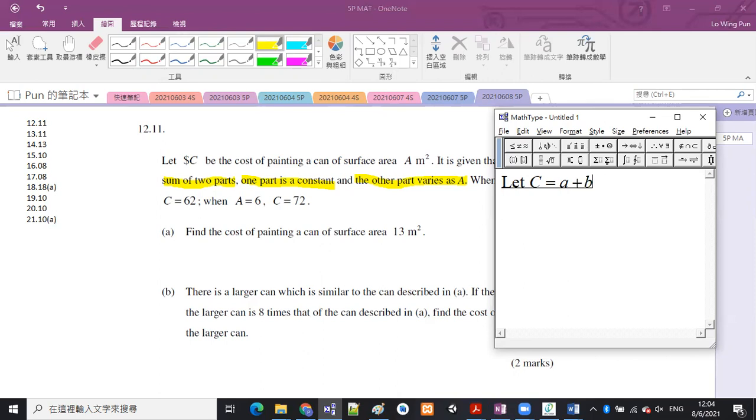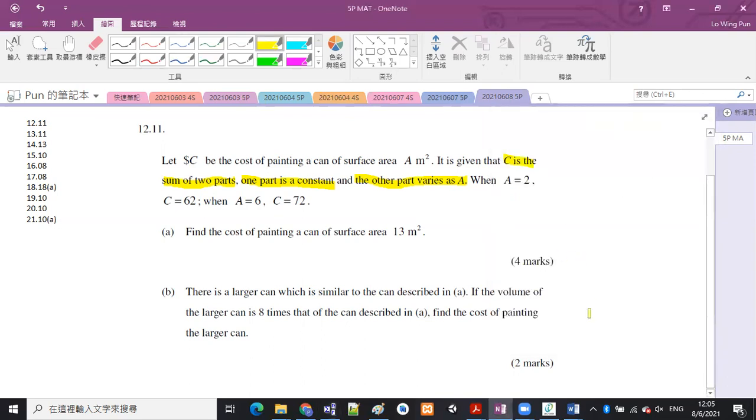It is like this, b times A. Normally I will write where the unknowns a and b are not equal to 0. So this is the first mark you have got. And then the small a and small b will be unknowns that you are going to find.